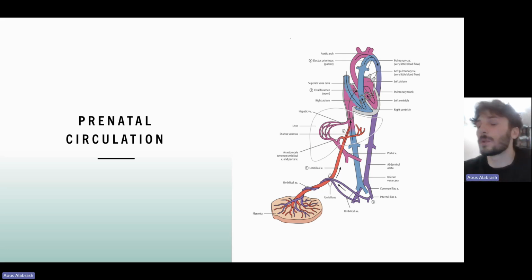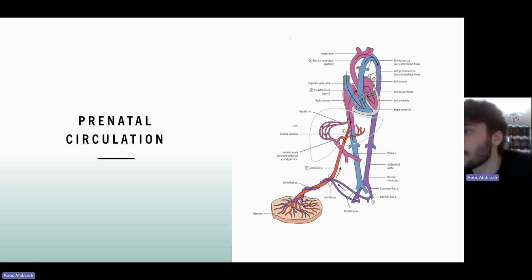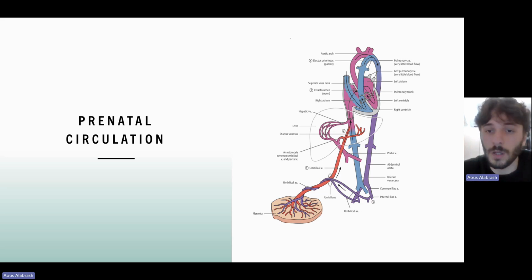So most of the blood travels from the placenta through the umbilical veins, through the ductus venosus to the inferior vena cava, bypassing the liver. However, there is a small connection; the arrow says anastomosis between umbilical vein and portal vein. So a small amount of blood goes through the liver, but most of it bypasses the liver and goes through the ductus venosus.